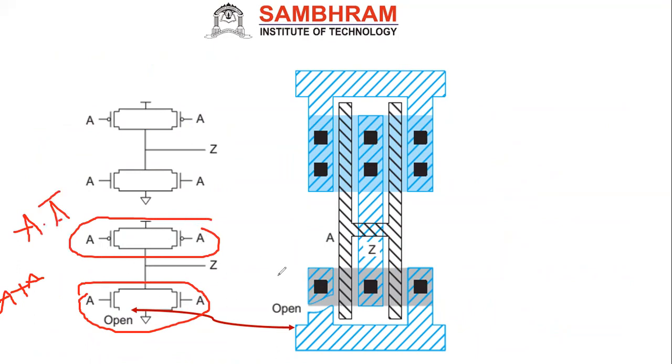We can see here where the connections are made. See this place, open circuit. See here, open circuit. Due to this open circuit, what will happen? There will be a delay in your circuit to produce the output. This is nothing but the delayed timing.